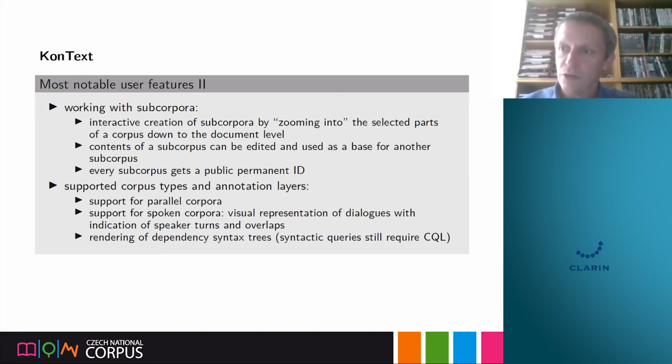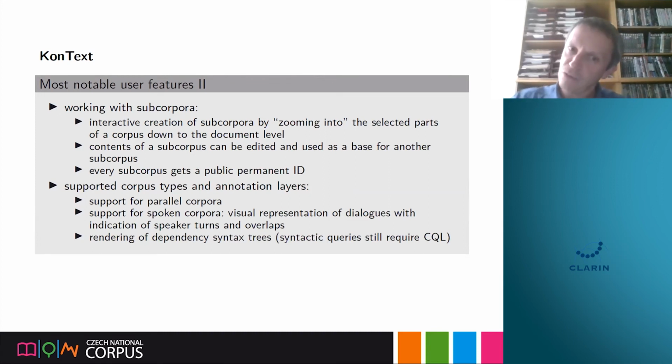Say you are working with BNC or some other reference corpus, and you'd like to find out what's included in the fiction part, how many translations are there, what books are there that were translated from German in a given period, etc. And this can be done by selecting parts of the corpus and really zooming into it.